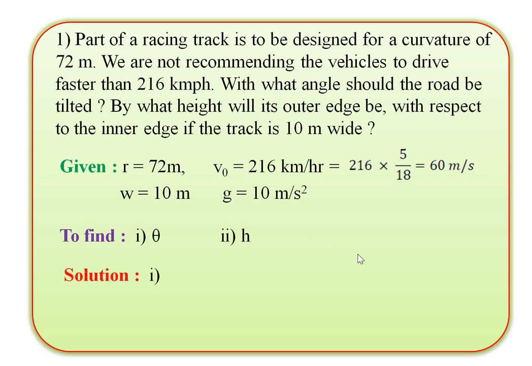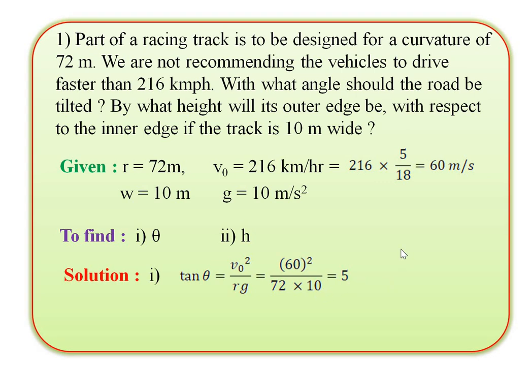So let's see the formula. We know that tan theta is equal to V naught square divided by Rg. Putting the values in the formula, V naught is 60, so 60 square divided by 72 into 10. Calculating this, we get tan theta equals 5.